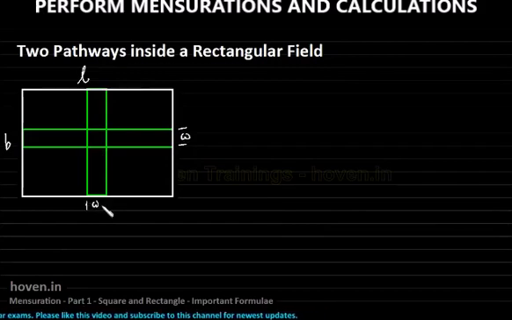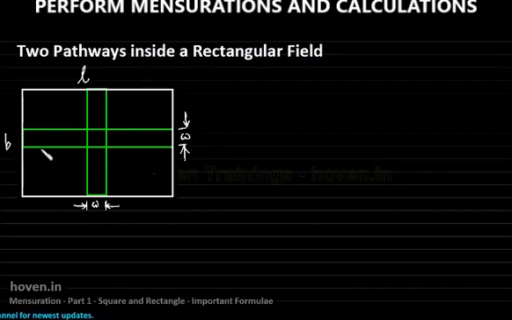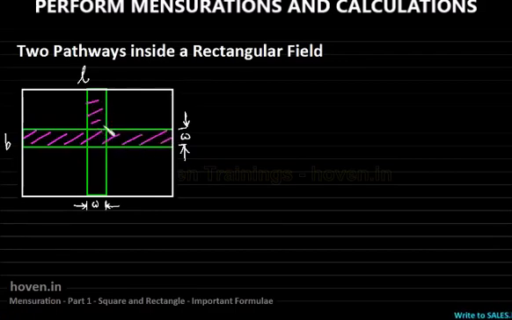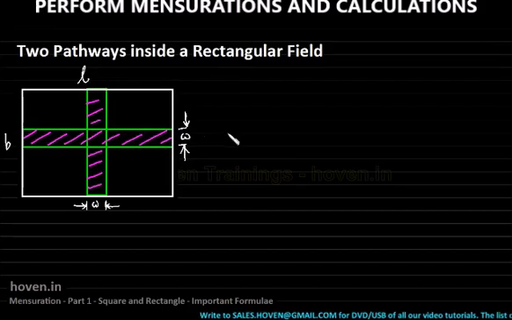The width of these has been taken as W. We have to find out the area for this shaded portion. It is a sort of a crossing of two pathways inside a rectangular field. Let us see how we will do it.